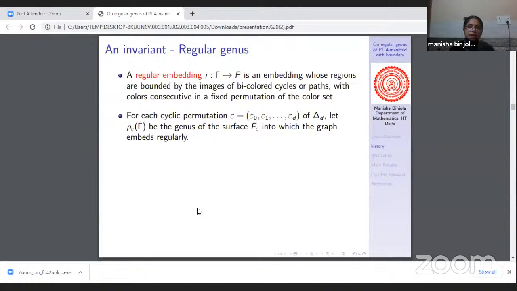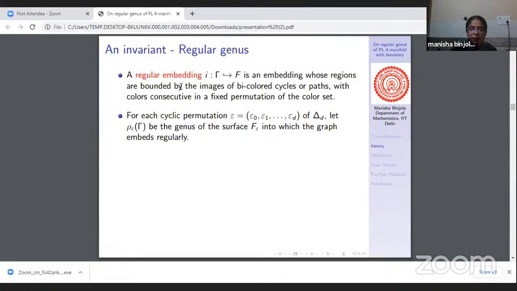Now we know topological invariants play a very important role in topology. Here I define a new invariant called regular genus. Some papers were written to reach this definition of regular genus, and I will summarize it briefly. First of all, we have a color set, fix its permutation.